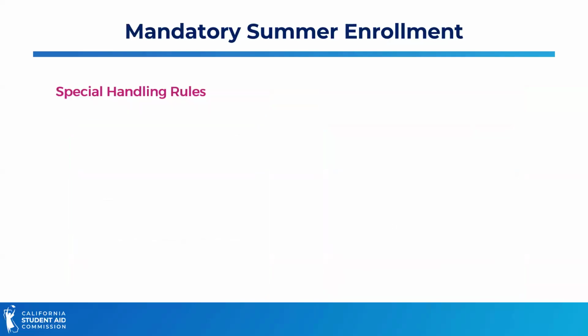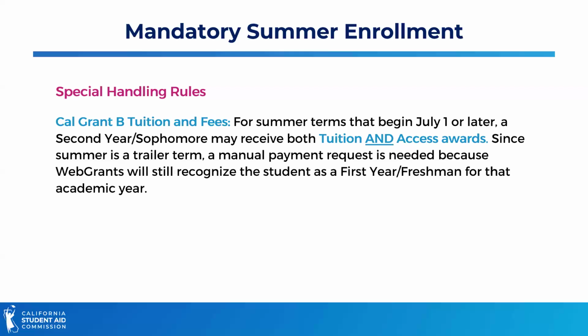Now let's talk about special handling rules for those enrolled in a mandatory summer term. For students receiving Cal Grant B tuition and fees, you may remember from yesterday that first-year freshman students are only given access unless they are in the top 2%.